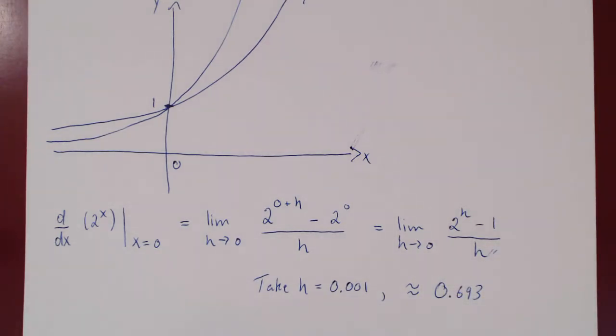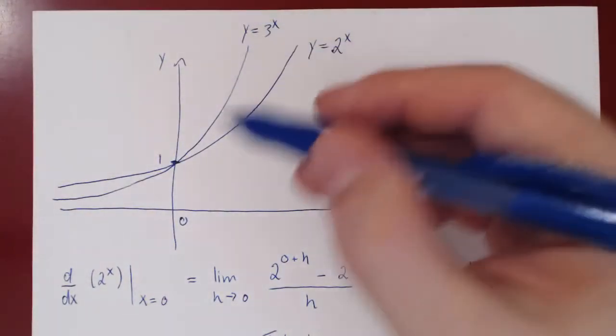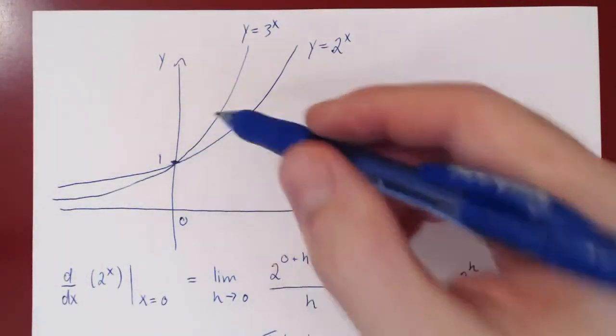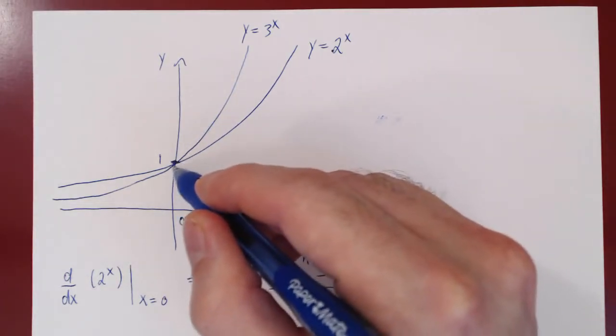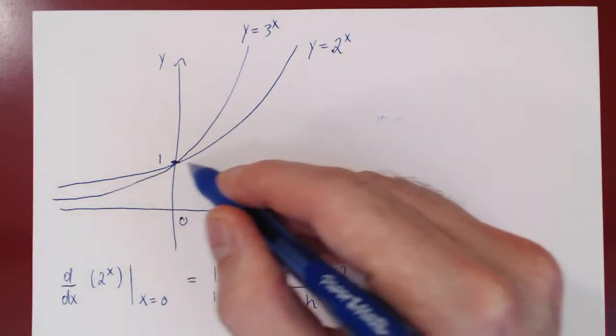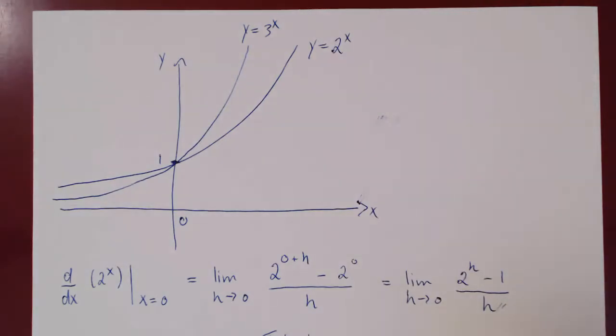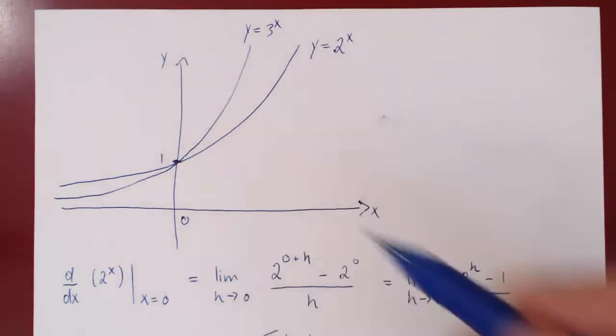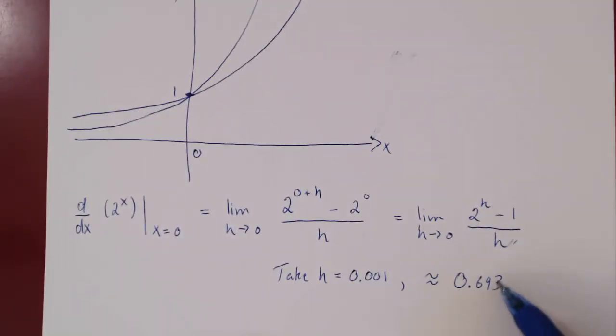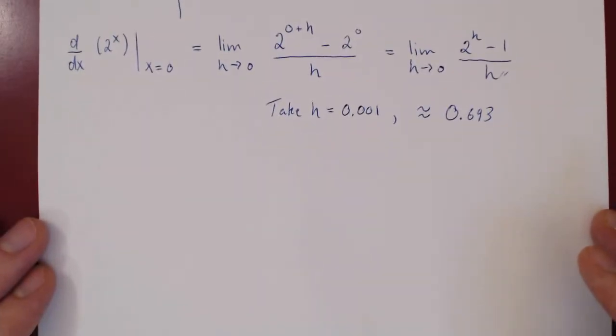We may ask now, what about the slope of 3 to the x at x equals 0? And we can see that the graph of 3 to the x at 0 is a little steeper than the one for 2 to the x. So we expect the slope of 3 to the x at 0 to be bigger than 0.693. Well, let's see what we have then.